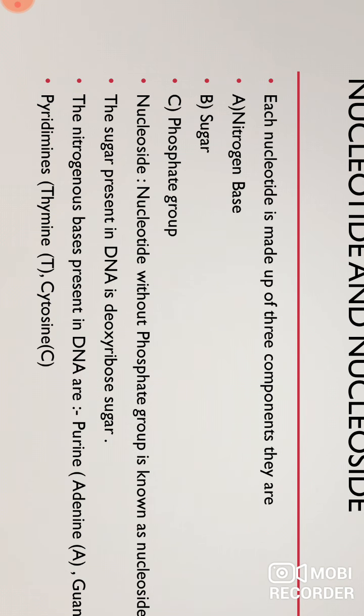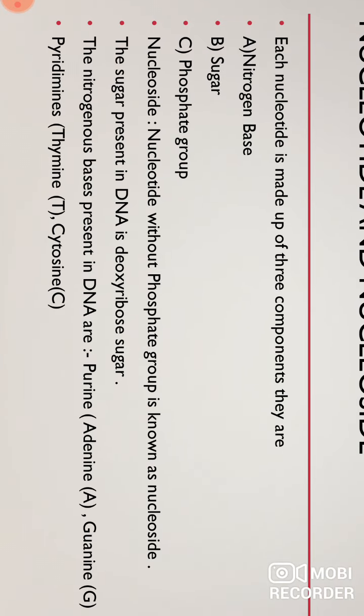The nitrogen bases present in DNA are of two types: purines and pyrimidines. The purines are adenine and guanine. Adenine is represented by A and guanine is represented by G, and pyrimidines consist of thymine and cytosine.